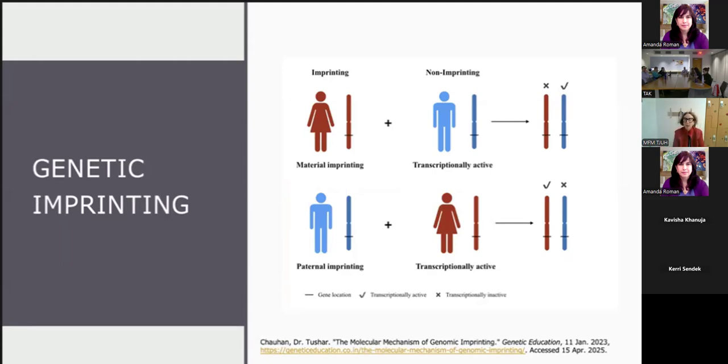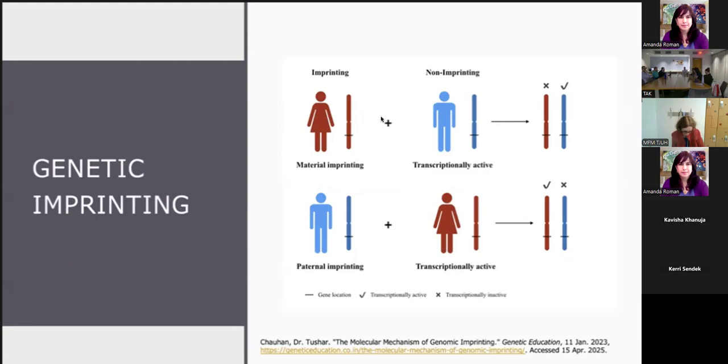By contrast, less than 1% of our genes are imprinted, having an expression pattern determined by the parent of origin. And although the DNA sequence of the imprinted maternally and paternally inherited gene alleles is the same, there are multiple epigenetic factors, so DNA methylation, histone modifications, and chromatin conformations that ultimately determine whether the imprinted allele is expressed or repressed.